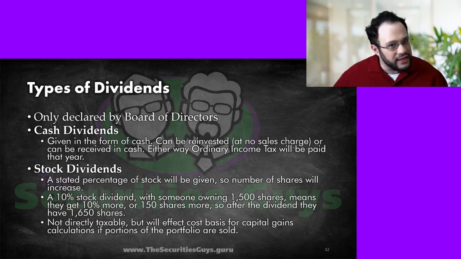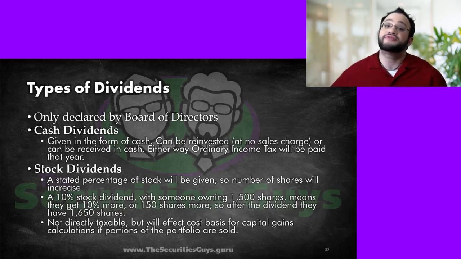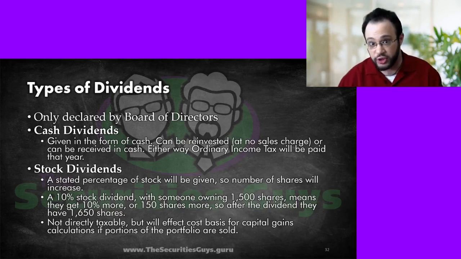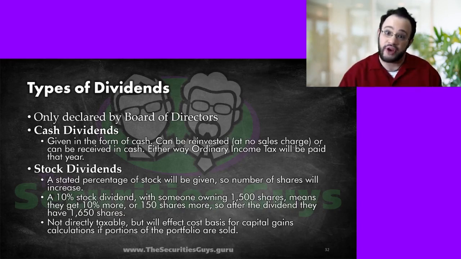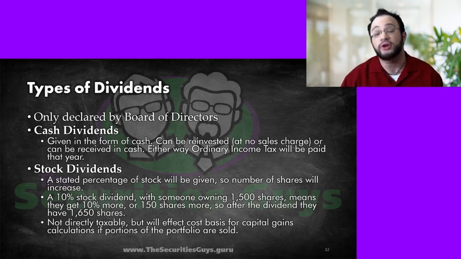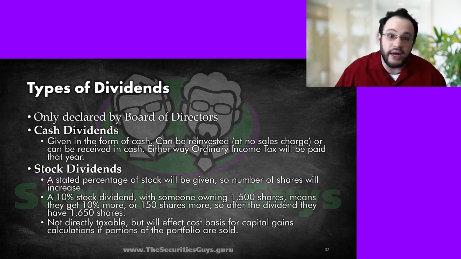It's not directly taxable, but it does affect the cost basis for capital gains calculations in the form of it's going to generally, in this case, reduce the cost basis per share, because now you've got more shares, so your cost basis per share is going down. So when you sell individual shares, you're going to have more taxes to pay, but you have more shares to sell, so you make more money anyway.